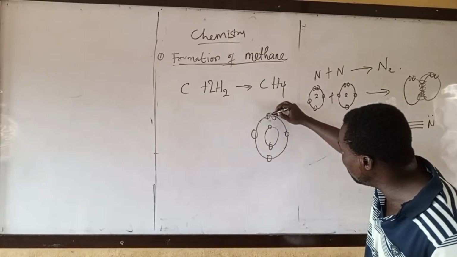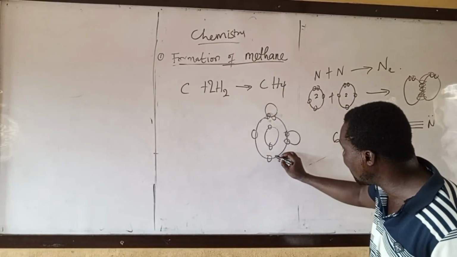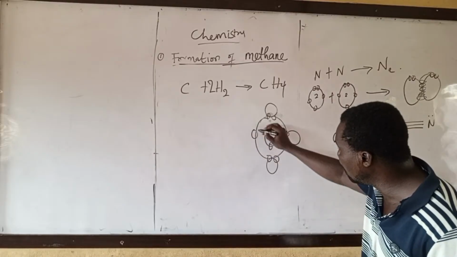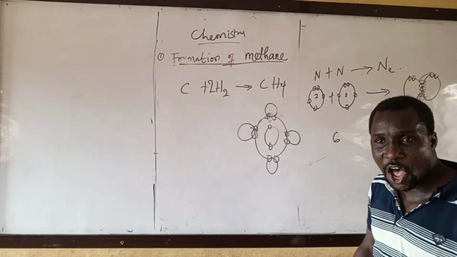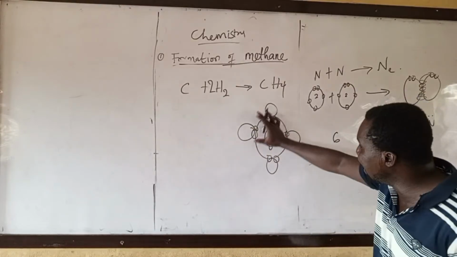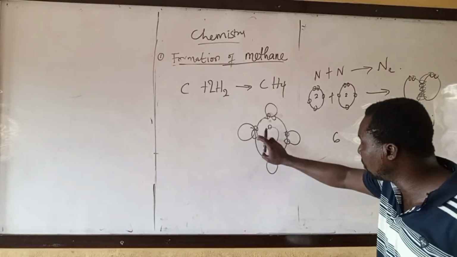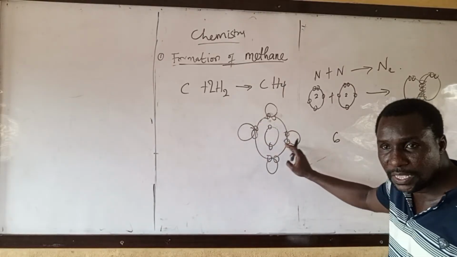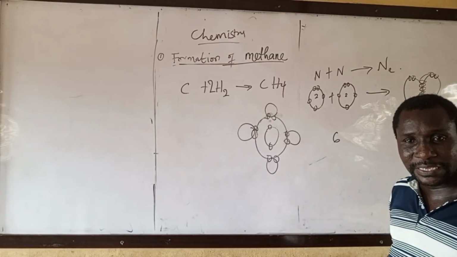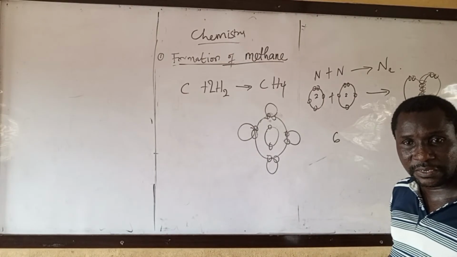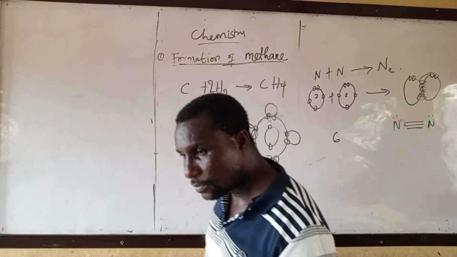One hydrogen comes here with its own electron, another hydrogen here, another here, and another here. Together, how many electrons on the atomic shell of carbon? 1, 2, 3, 4, 5, 6, 7, 8. Now balanced. Do you understand? Take note of that.